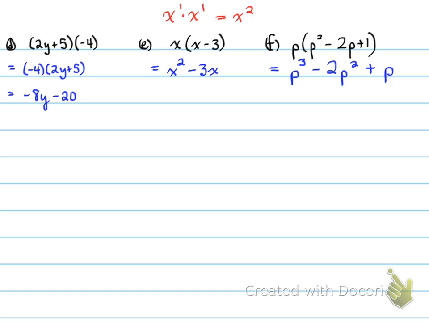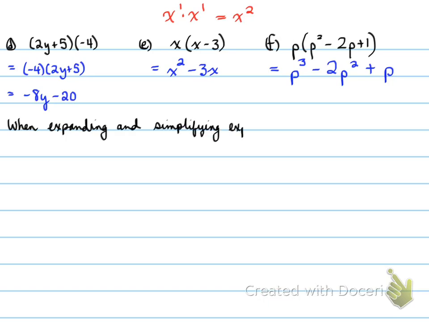So that is the expanded version of this. So again, p times p squared gives us p cubed, p to the power of 3. P times minus 2p is going to be minus 2p squared, because it's p times p, which gives us p squared. And p times 1 gives us p.